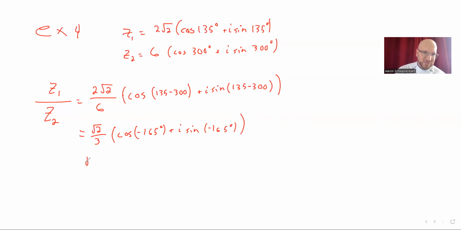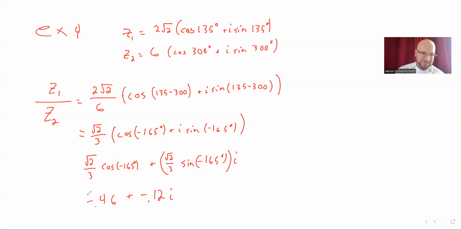To convert to rectangular, I'm doing square root of 2 over 3 cosine negative 165 plus square root of 2 over 3 sine negative 165 times i, giving me negative 0.46 plus negative 0.12i in rectangular form.